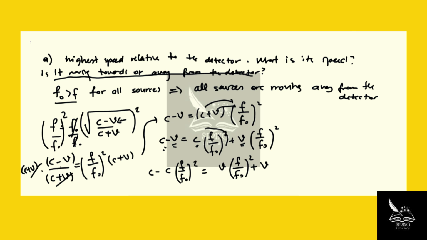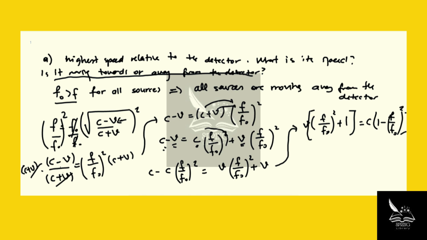So let's group the right-hand side. When we do this, it's going to be V times ((F over F naught) squared plus 1) equals C times (1 minus (F over F naught) squared).